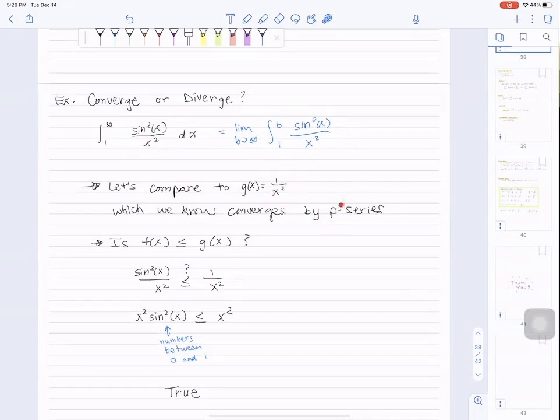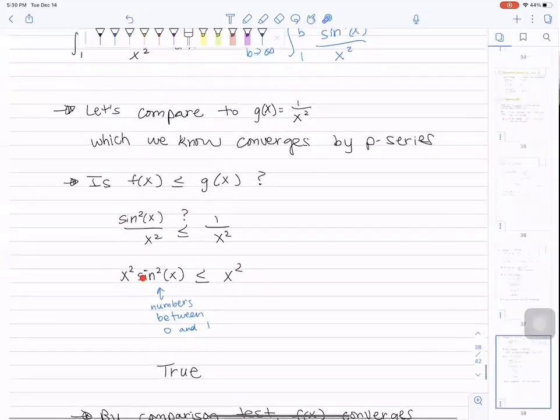So now following path A again, is f of x less than g of x? Let's check. Is sine squared x over x squared less than 1 over x squared? Cross multiply. Then you get this. Is that less than or equal to x squared? Well, we know from the unit circle, imagine the unit circle, sine x is always going to be between -1 and 1, no matter what.